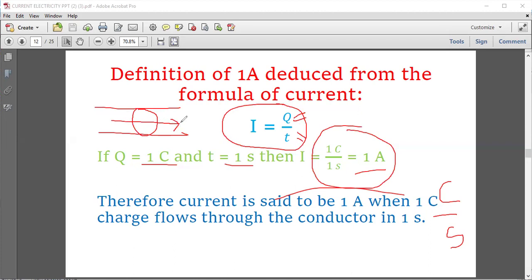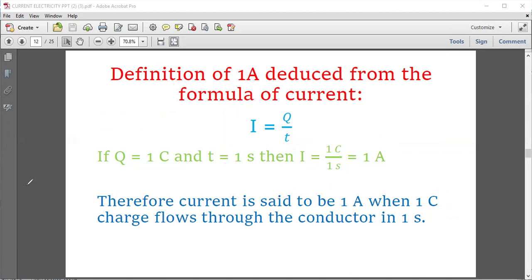Suppose if 10 coulomb charge passes through this cross section in 1 second, current will be 10 ampere. 20 कूलम चार्ज 1 सेकंड में पास हो जाए, करंट इज सेड टू बी 20 एम्पीयर. It's clear? 5 कूलम चार्ज अगर पास हो जाए 1 सेकंड में, then current is said to be 5 ampere. So current is said to be 1 ampere when 1 coulomb charge passes through any cross section of the conductor in 1 second.